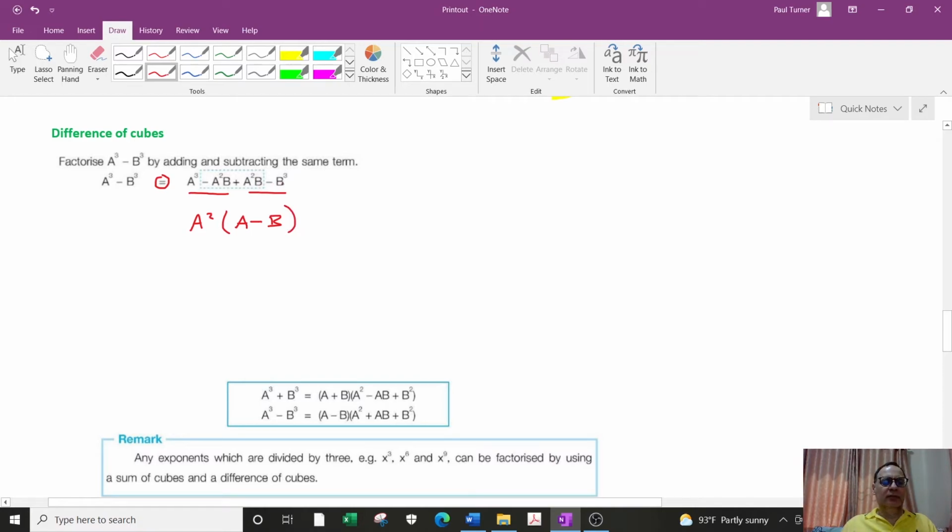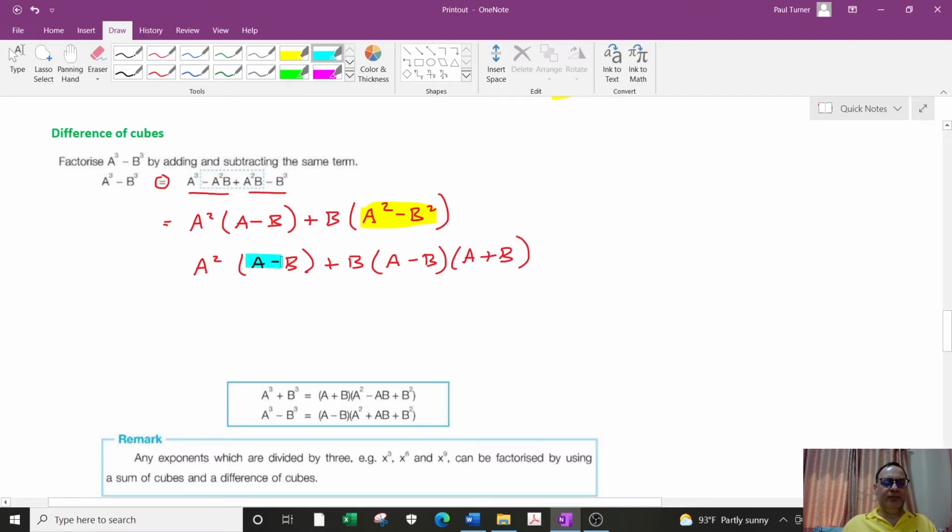In this part, the common factor is b. So plus b, and I'm left with a squared minus b squared. So you'll see here now we have our difference of squares again. So we have a squared, a minus b, plus b times a minus b, a plus b, like that.